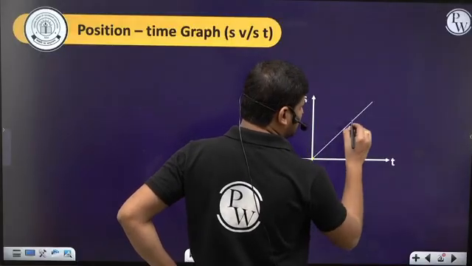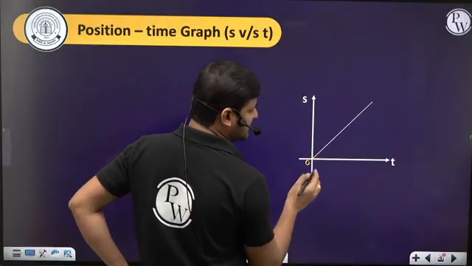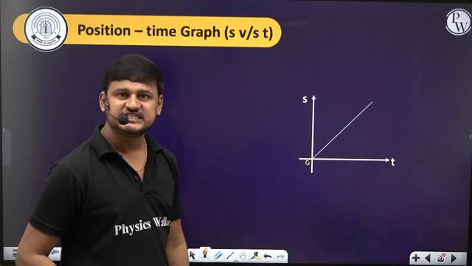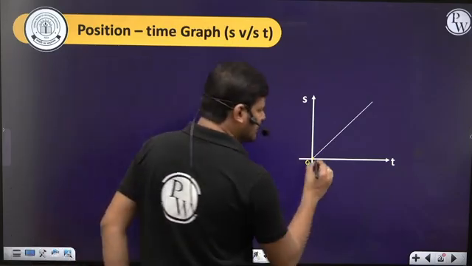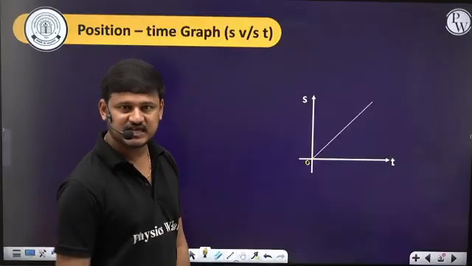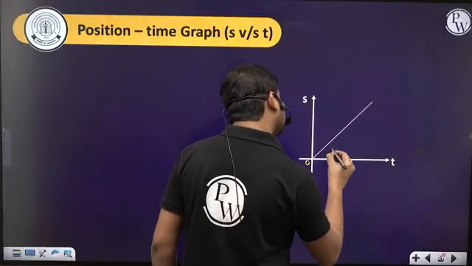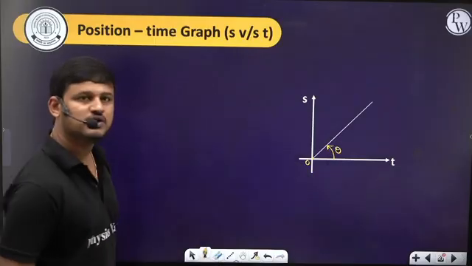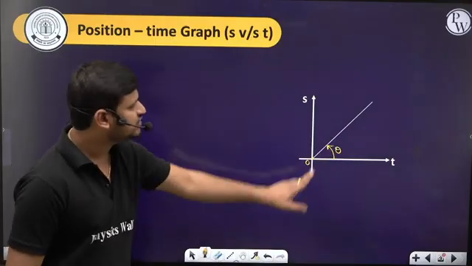The body's position is changing with respect to time. Let this angle be theta. Always, guys, the angle will be measured with respect to the positive x-axis. Like this you should take the theta.